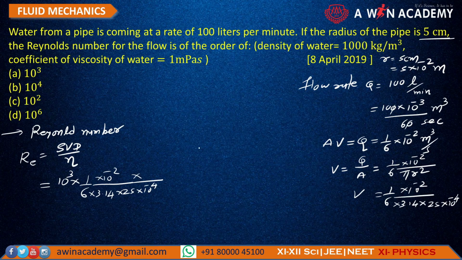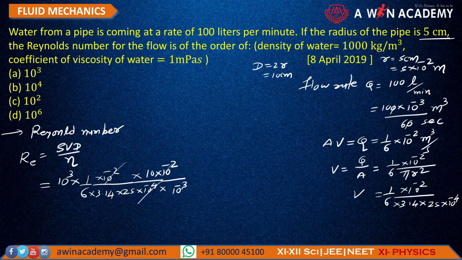Diameter is double of radius, then it will become 5 into 2, 10 centimeter. 10 centimeter yani 10 into 10 raised to minus 2, and eta is 1 millipascal into second. So we can note down 10 raised to minus 3. Here 10 raised to minus 2 and this 10 raised to minus 2, it will become 10 raised to minus 4, and this cancels out.